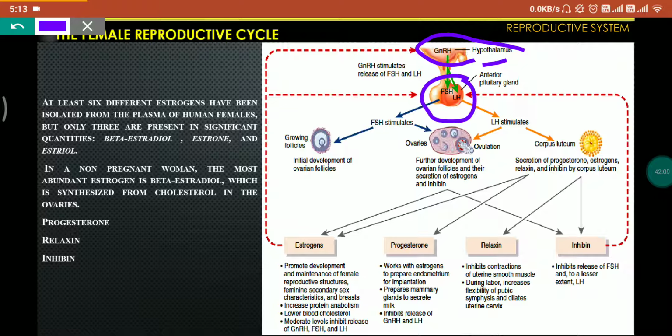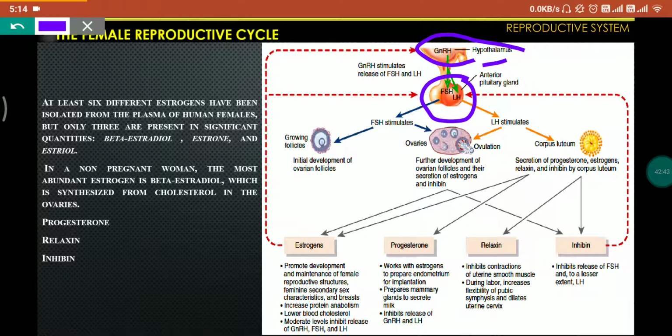Follicle stimulating hormone acts on the primary follicle and helps in the development of mature follicles, whereas luteinizing hormone acts on the cells. The Graafian follicle, or mature follicle, leads to ovulation and also formation of the corpus luteum, which later secretes different hormones like progesterone, relaxin, and inhibin.